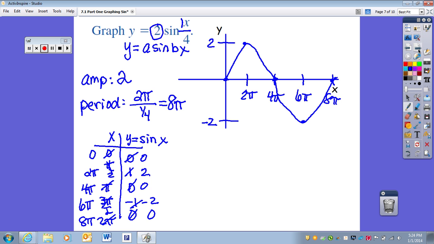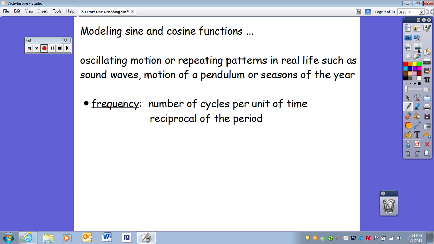So let's review. When we are finding the amplitude, we need the absolute value of A, and when we are finding our period, we are finding 2 pi divided by B. So let's move on and see if we can model sine and cosine functions.